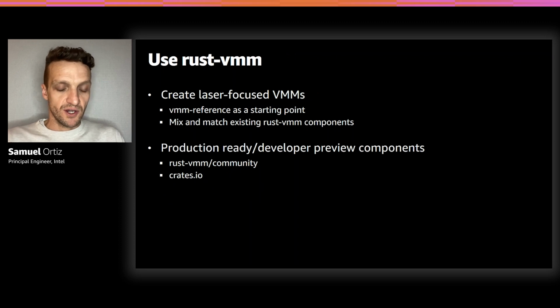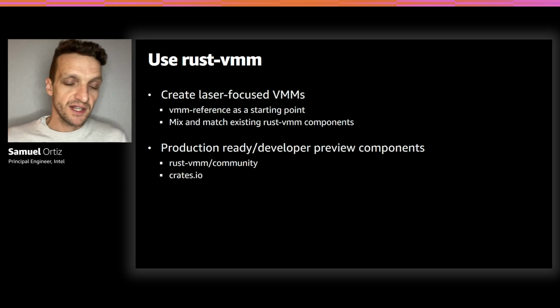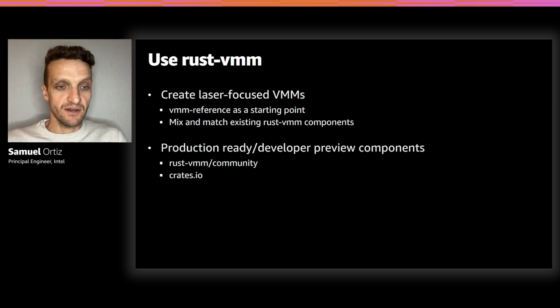Another way to contribute to Rust-vmm is to actually use it. You can take the existing crates from Rust-vmm and create your own VMM for any kind of usage, and you can create a laser-focused VMM for the specific needs of your virtualization problems. You can use the reference VMM as a starting point. That's a really good starting point.